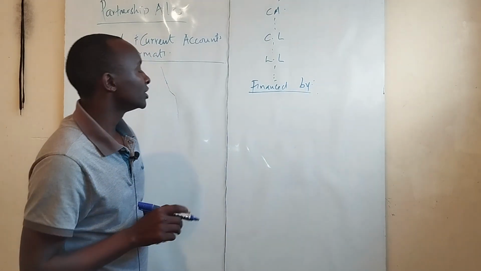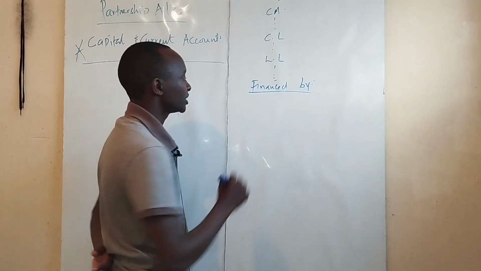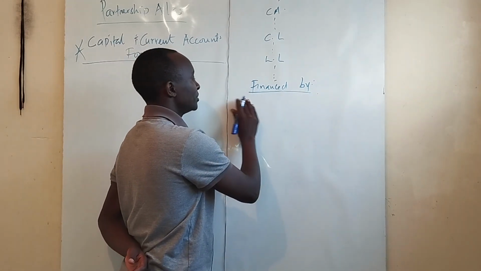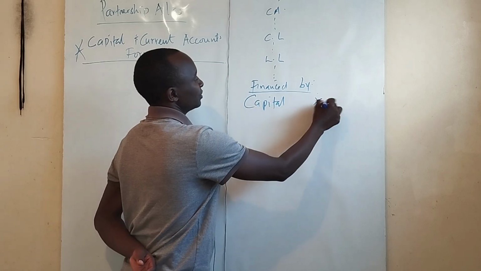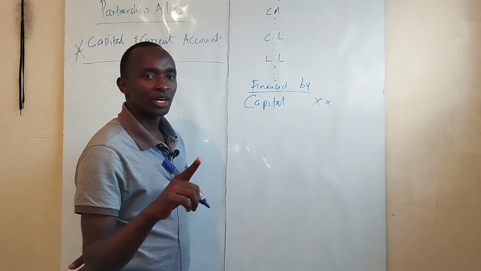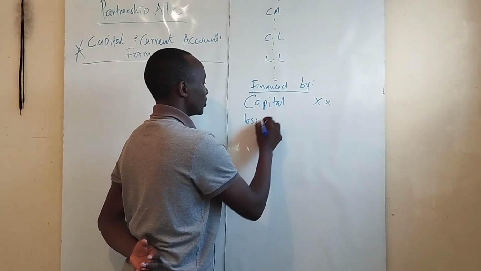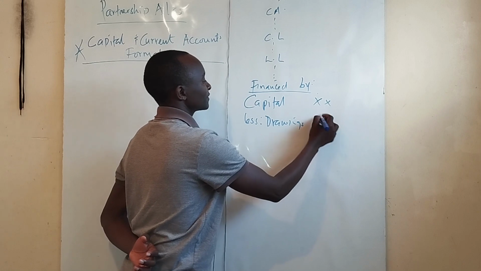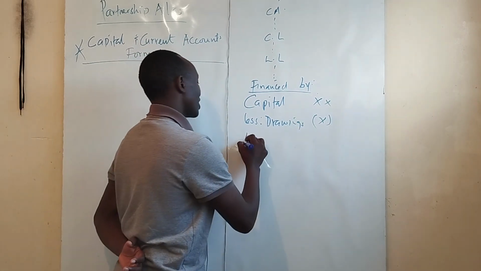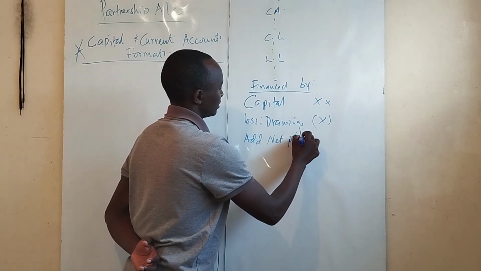Very important. So we said in the financed by section, we'll have the business being financed by capital, and then the owner, the sole trader, reduces the capital by drawings, and you add net profit.